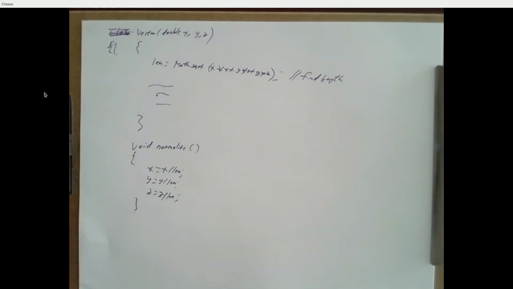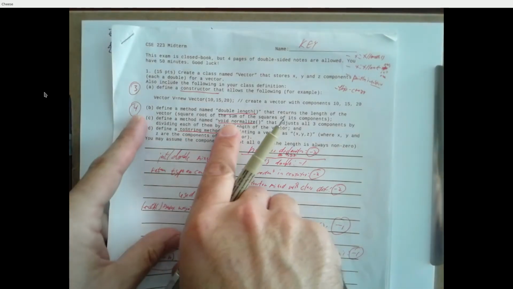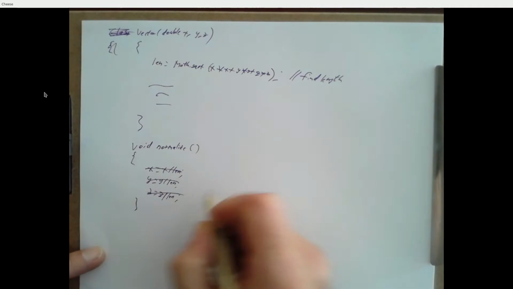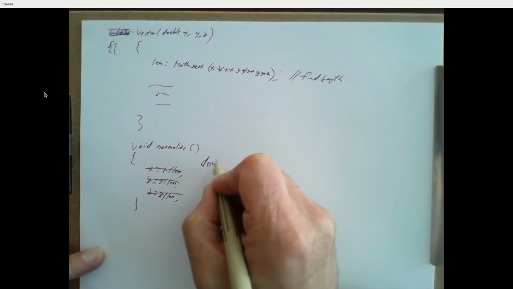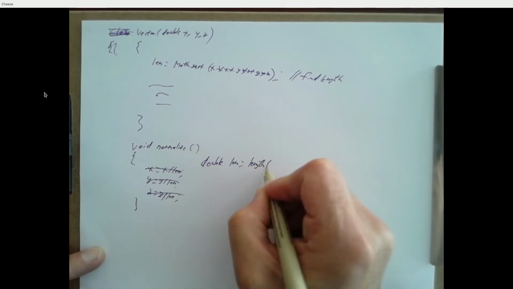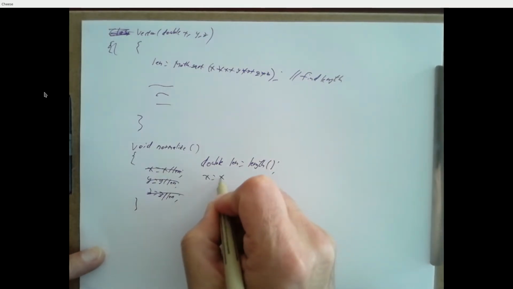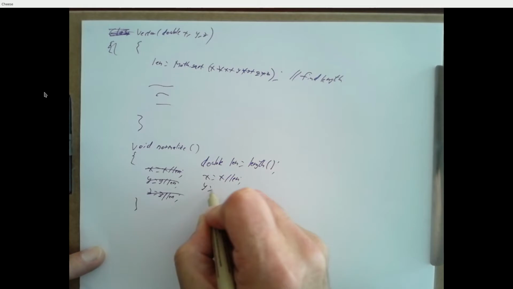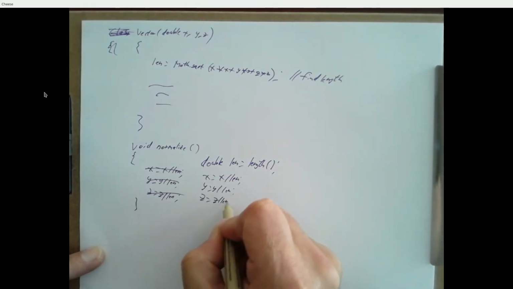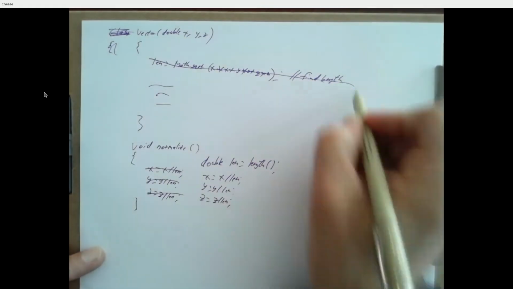So a different way to do this: you have a length routine, right? In part B, you're defining a method called length. So you could do something like double len equals length, and then x equals x over len, y equals y over len, z equals z over len, and not do this at all.